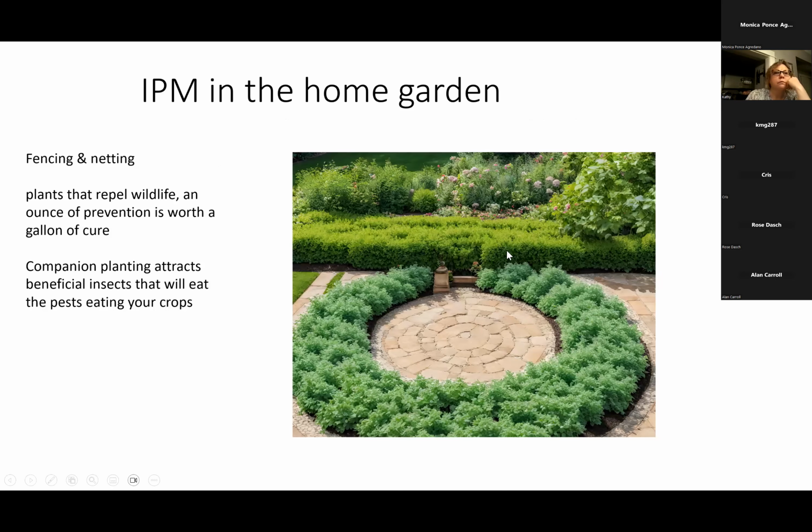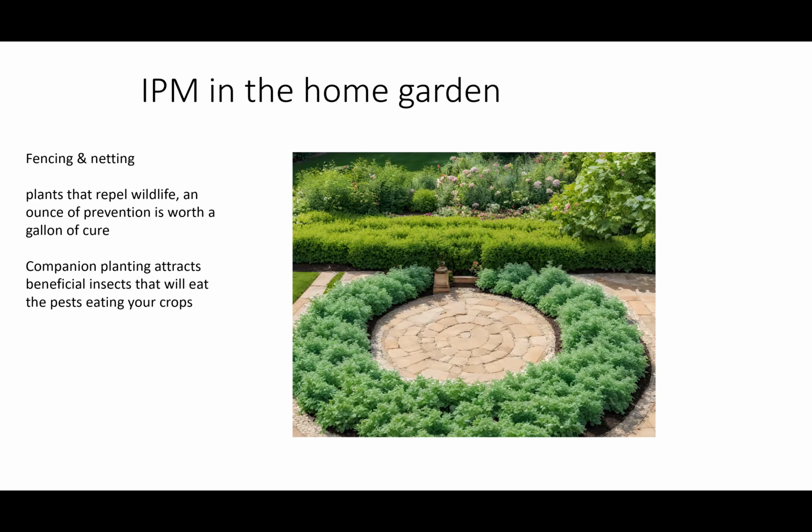And then this is actually an AI image. I was trying to find a picture of a garden that had a barrier of mint around it. I know these exist, I've seen them, but I didn't have a picture of one, so I had AI create it for me on Canva.